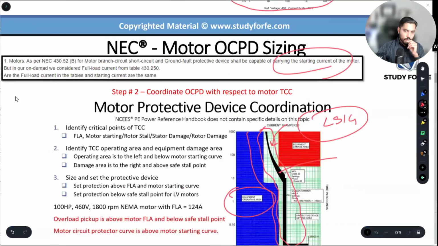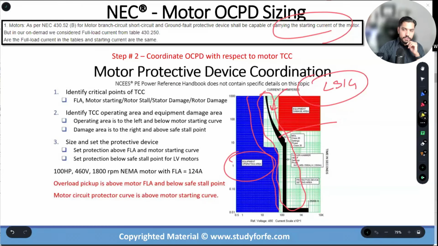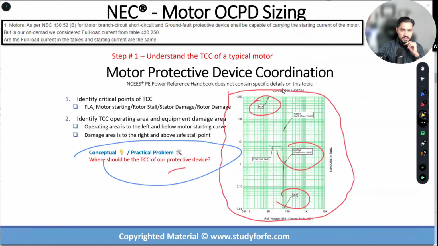Let's focus on this. Actually, let's start from here. I don't know if I actually discussed this in the class. I don't think I remember discussing this, but the motor FLC is what? This point, you agree, right? They're calling it FLA in ETAP and SKM, but that's because it's coming from the nameplate. For all practical purposes, they're very close to each other, right? So that 125%, 150%, 200%, 250%, whatever the percentages that we were looking at, they are going to be to the right of this blue point.